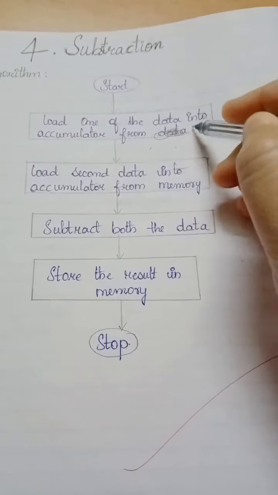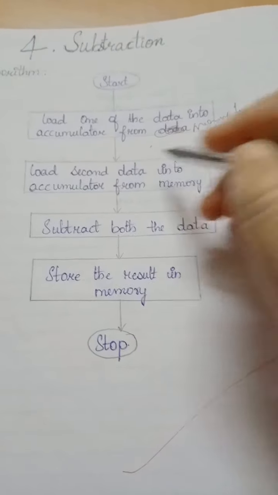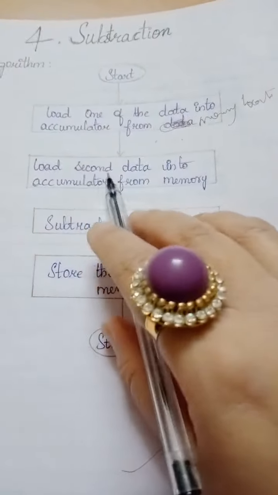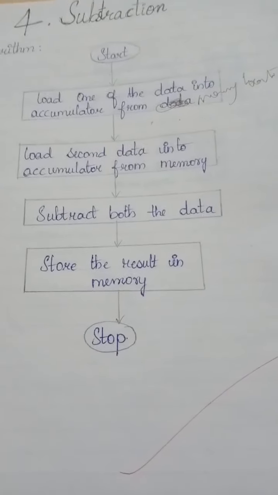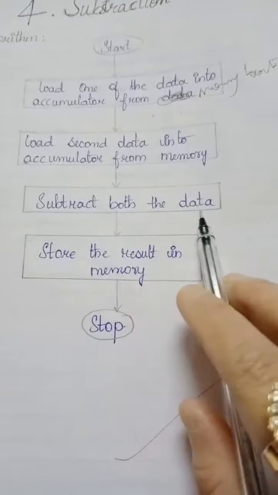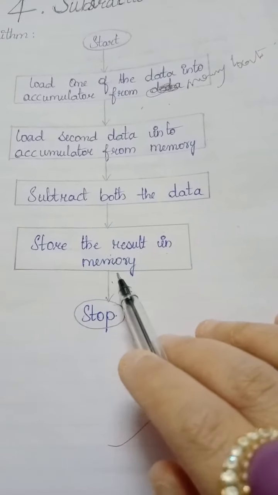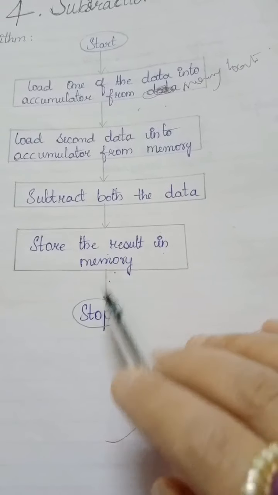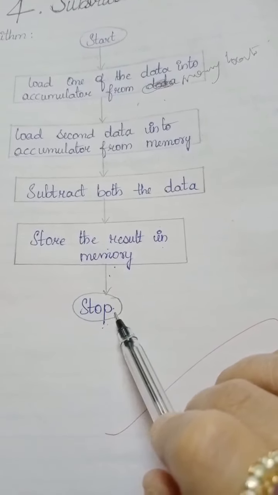Then load the second data into the accumulator from the second memory location. Then subtract both the data, and the result will be stored in a memory location itself. And finally you will stop, that means stopping the operation.